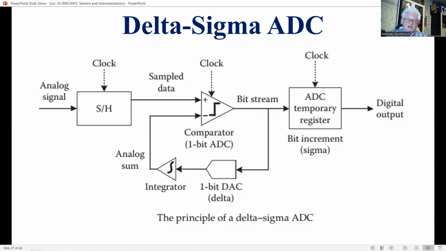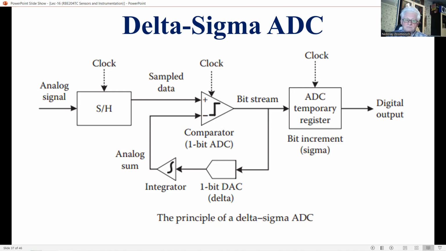The sampled analog data value is compared with the integrated output of a 1-bit DAC. If the difference is positive, the comparator generates a 1 bit. Otherwise, it generates a 0 bit.